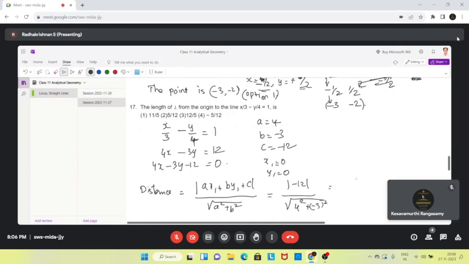So mod of 12 is 12 divided by square root of 16 plus 9. This is 5, right? So 12 over 5. Okay. The option is there, option 3.